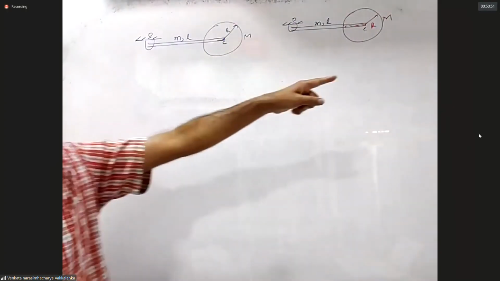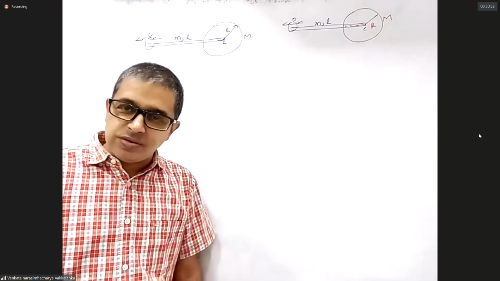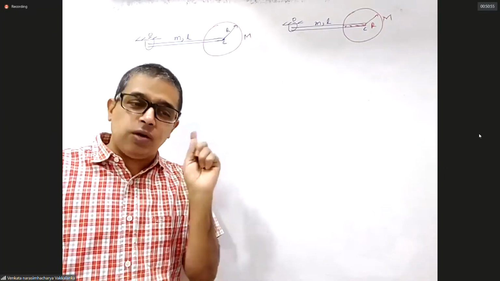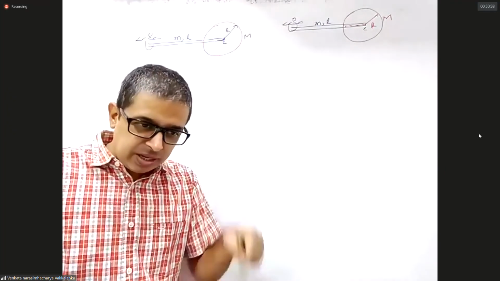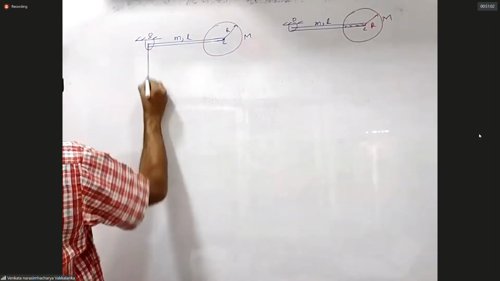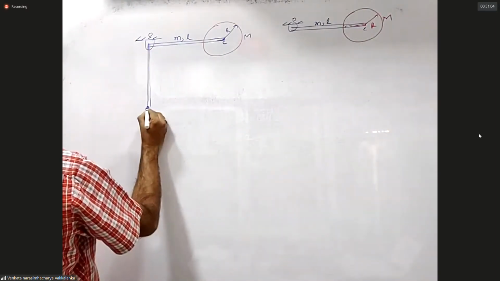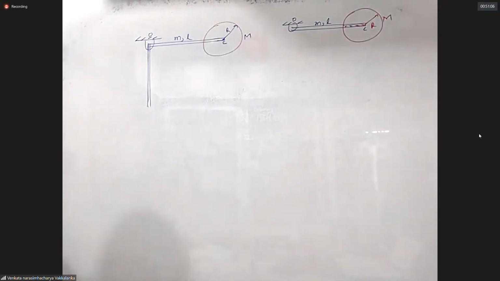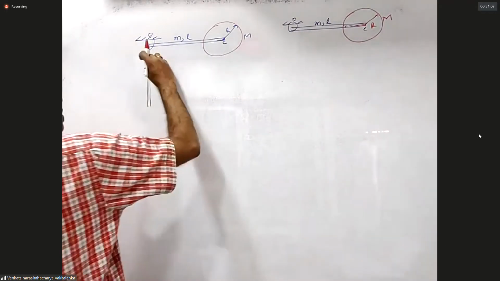When both are released from the horizontal positions, find the angular velocity of both the systems when they come to the vertical position. When this comes here, find the angular velocity.